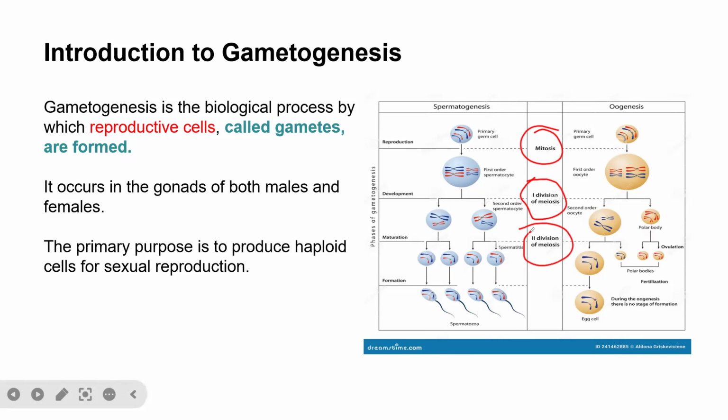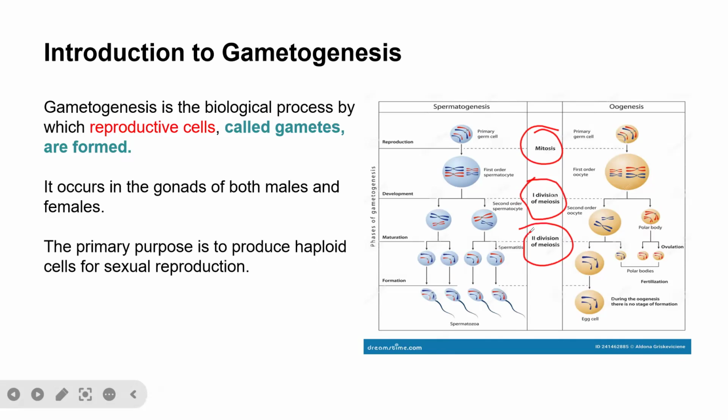then formation. So first, the primary germ cells develop into first order spermatocytes, and then the second order spermatocytes, followed by spermatids, and then lastly the formation where we have the spermatozoa.